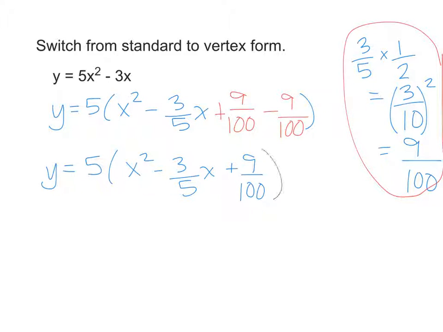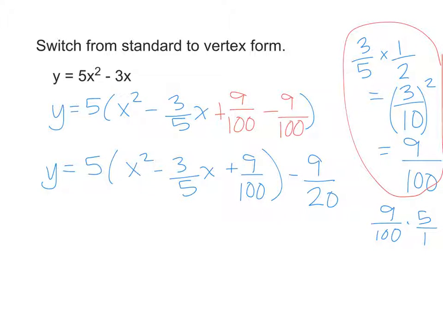So I'm going to take out the negative 9 over 100, but I have to multiply it by 5. 9 over 100 times 5. Right, I have to multiply it by 5. So 5 over 1, which is 45 over 100, or if you reduce it, 9 over 20. So minus 9 over 20.